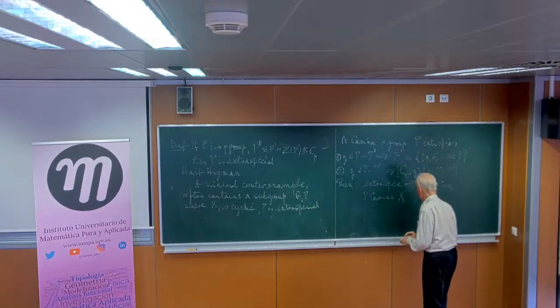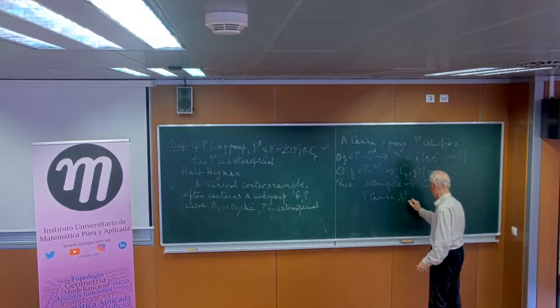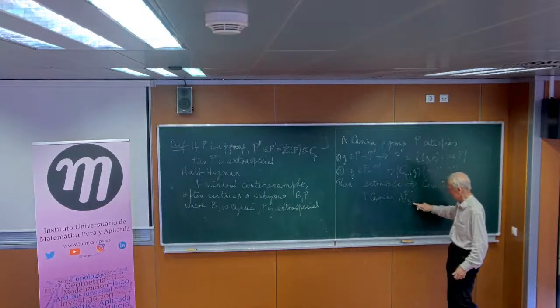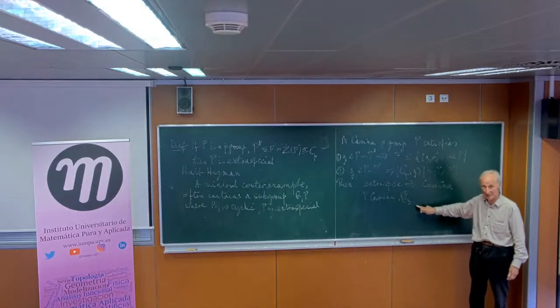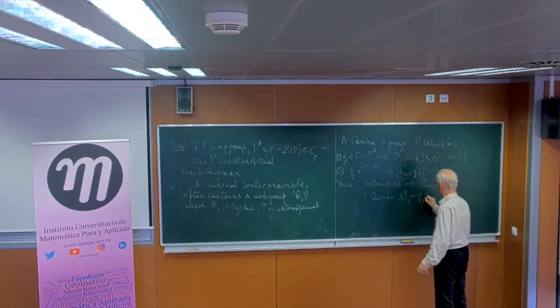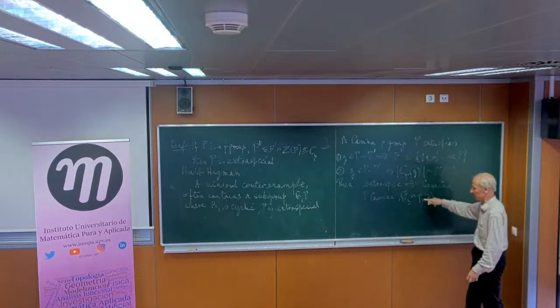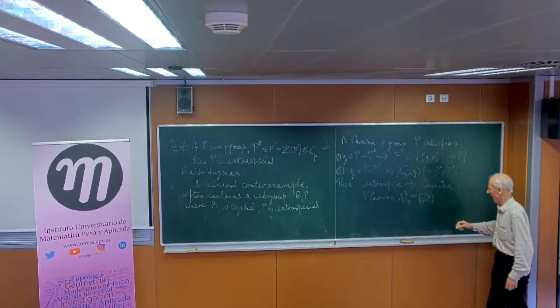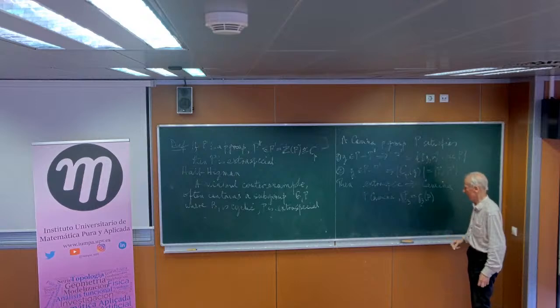I'm going to use the notation P sub 3 for the third term of the lower central series of P. This is gamma 3 of P, or K3 of P, and that will do for different numbers as well, if I come on later.